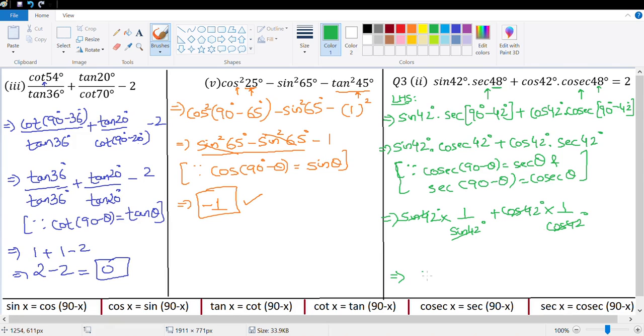So what I am left with is 1 plus 1, which is equal to 2, which is equal to right hand side. Reason for this, since cosec theta is equal to 1 upon sine theta and sec theta is equal to 1 upon cos theta. So we've got left hand side is equal to right hand side, hence proved.